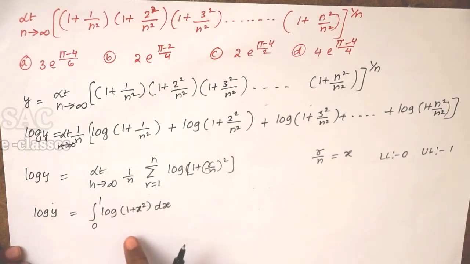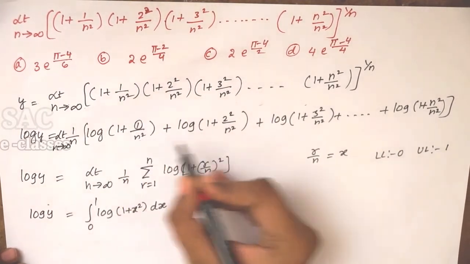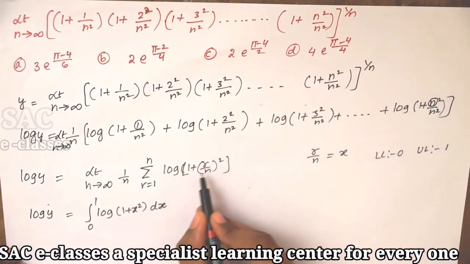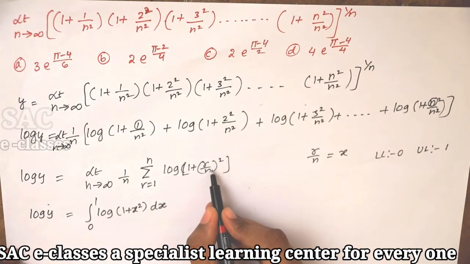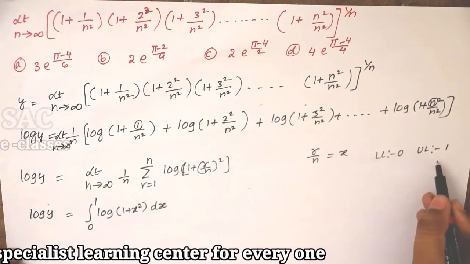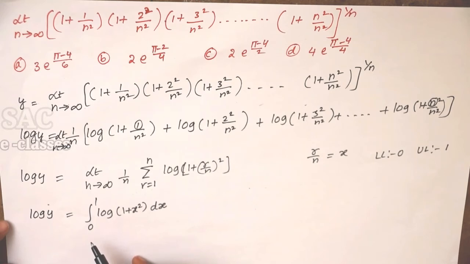Then I have got log y is equal to a sum where r is varying from 1 to n. So here I have written r square by n square, which is r by n whole square. I have chosen r by n as x. Lower limit and upper limit we have taken. We got log y is equal to integral from 0 to 1 of log of 1 plus x square dx.